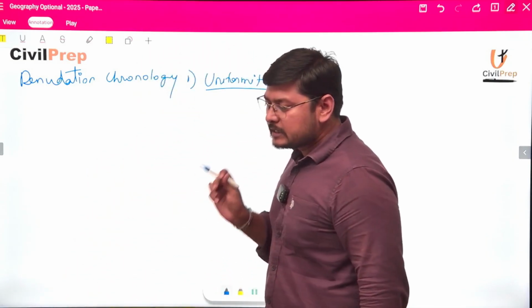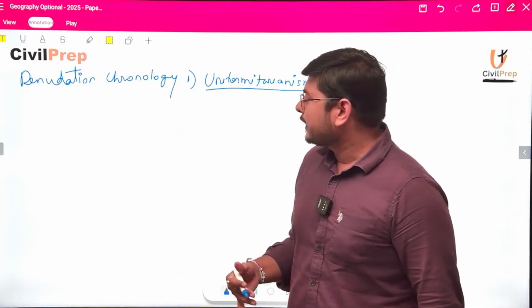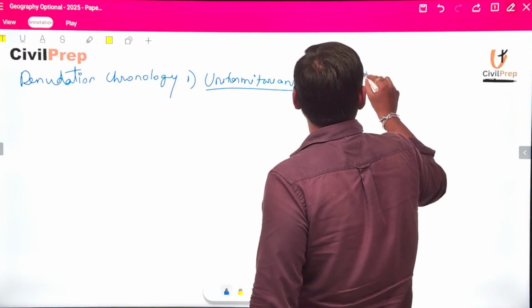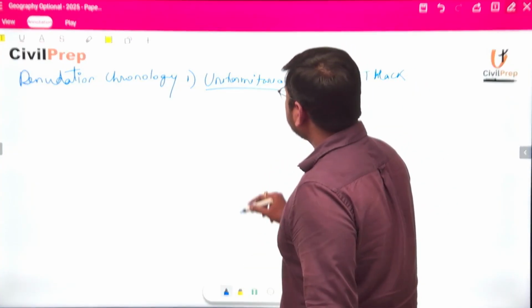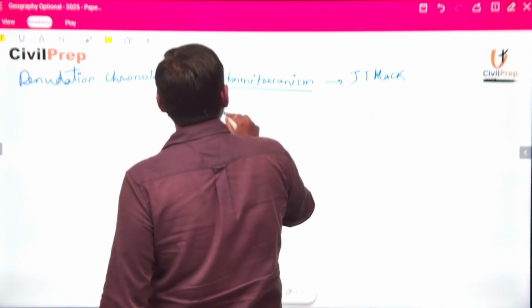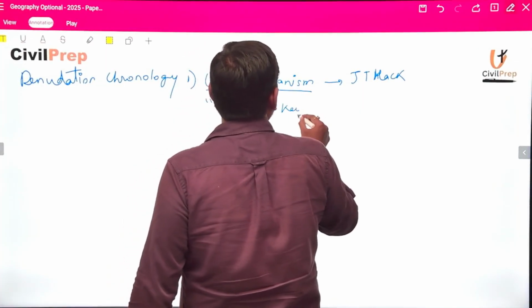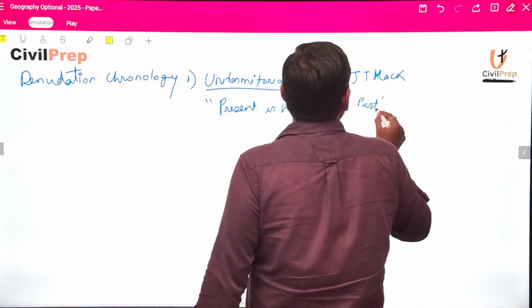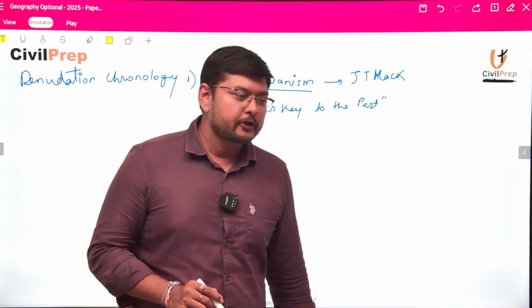When we look at the principle of uniformitarianism, it is given by J.T. Hack, where he has provided that the present is key to the past. That is, to understand the present landforms, we need to study the historical evolution of the landforms.